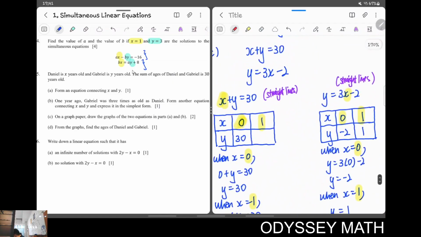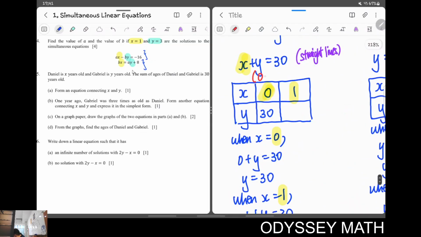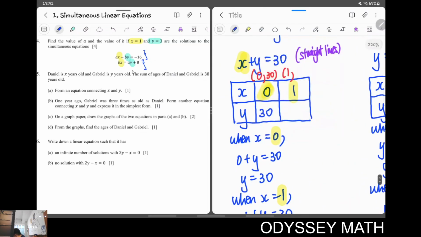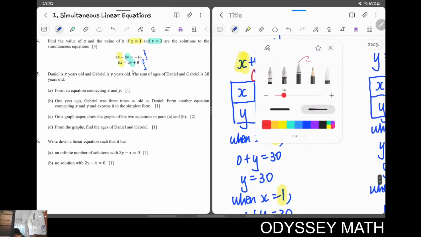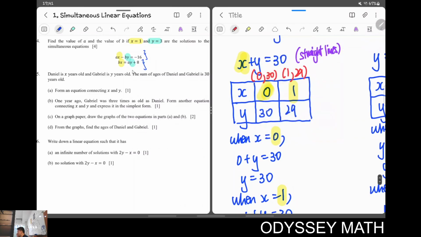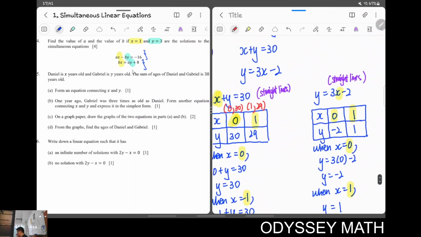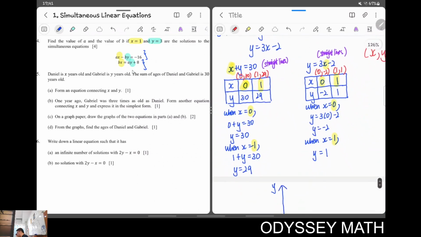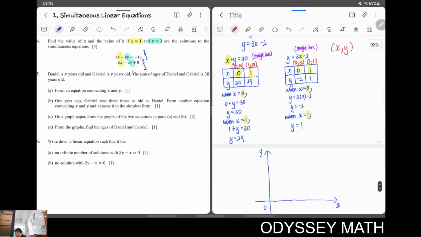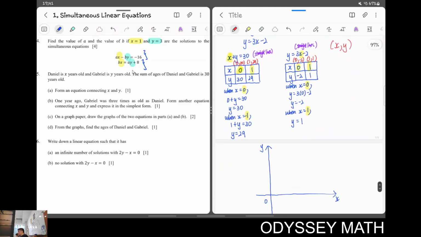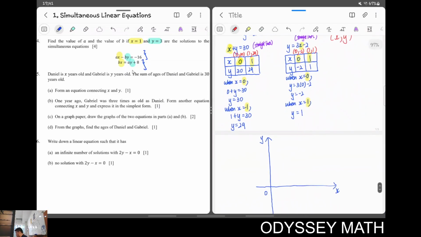So this will be 0 comma 30, 1 comma 29. Can you write that down? It's just for your learning purposes, it makes it easier. So this is 0 comma minus 2, this is 1 comma 1. So you plot the 2 points for the two equations on the graph here.